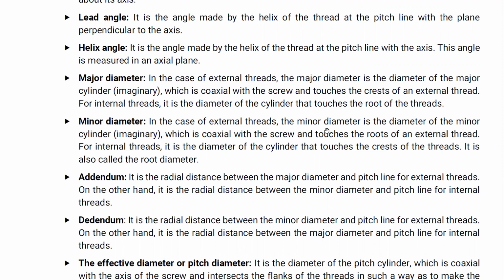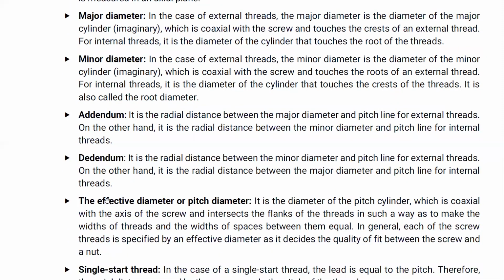In an external thread, the minor diameter is the diameter of the minor cylinder, coaxial with the screw, which touches the root of the external thread. For an internal thread, it is the diameter of the cylinder that touches the crest of the thread. It is also called the root diameter.